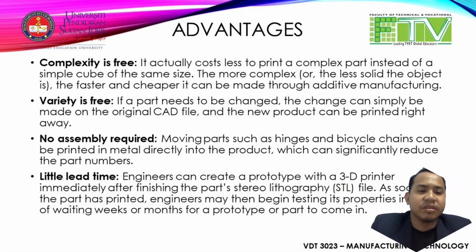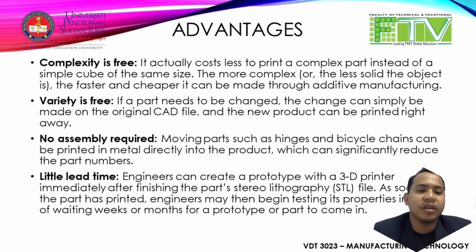Alright, we continue to the advantages and disadvantages of additive manufacturing. For the advantages, first is that complexity is free, because it actually costs less to print a complex part instead of a simple cube of the same size.